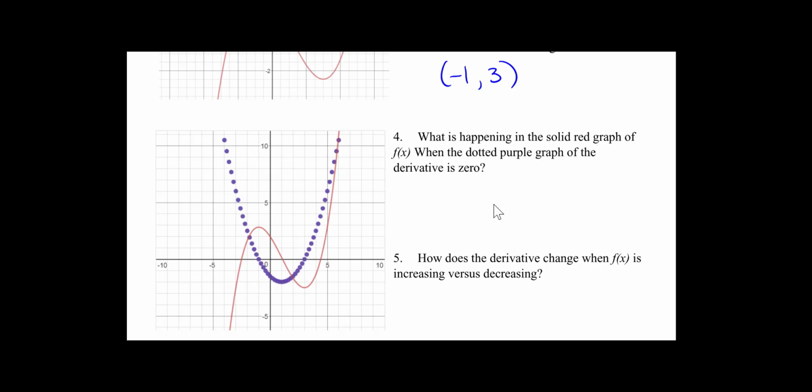Item 4 asks what is happening in the solid red graph of our function when the dotted purple graph of our derivative is 0. So remember here, and that corresponded to those horizontal tangent lines.